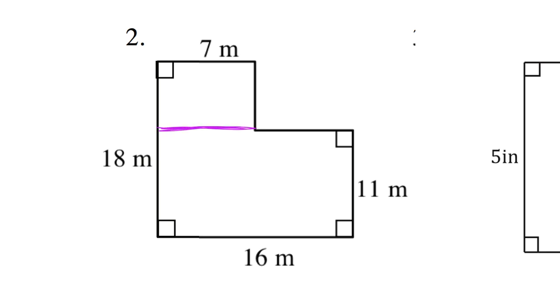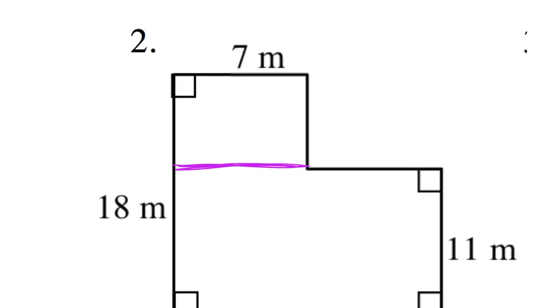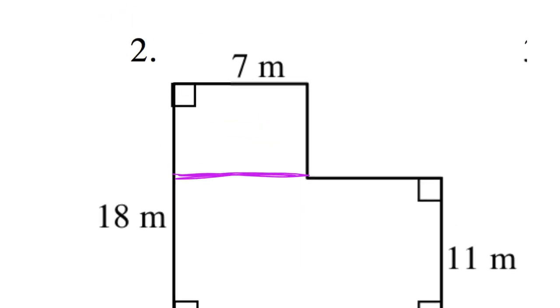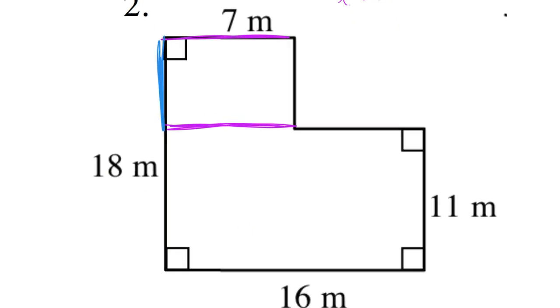Okay, so let's focus on that top rectangle first. So remember, rectangles are just length times width. So the length of this rectangle is 7. Now the width, we have to figure that out because it's not going to be 18, right? 18 is this whole piece right here. However, if you look at the whole picture, we know that from here to here is 11. That means from here to here would also be 11.